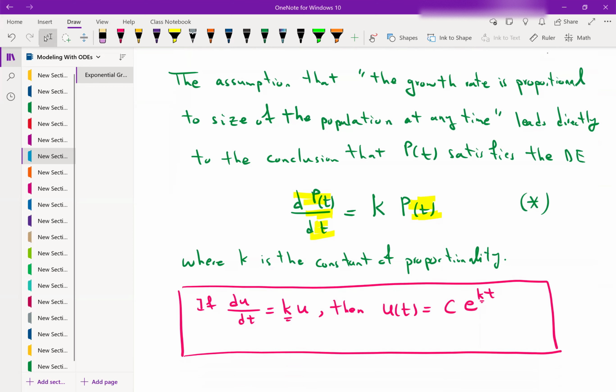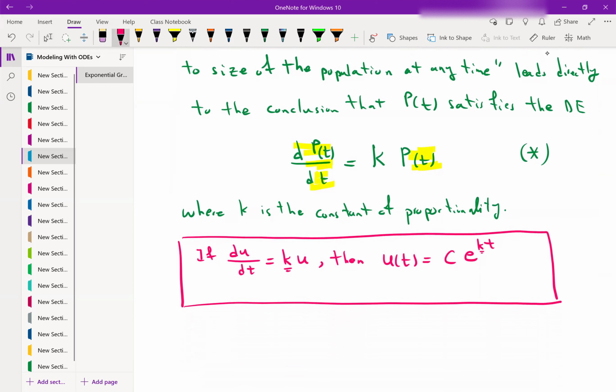All right, because of this reminder, I immediately know that the general solution to my equation is P of t equals C e to the kt. At this stage, C is an arbitrary constant. Very soon, I will determine what C should be based on the available information.